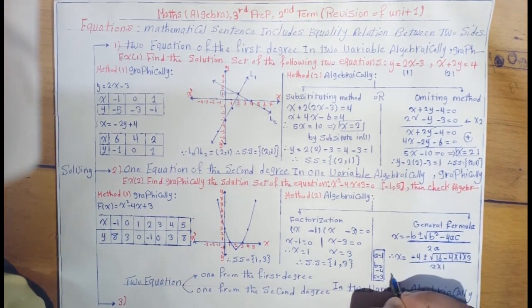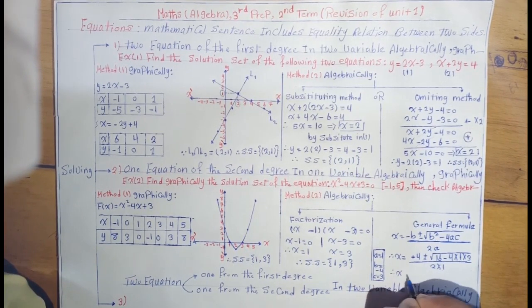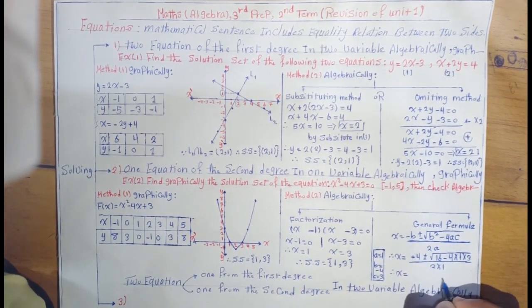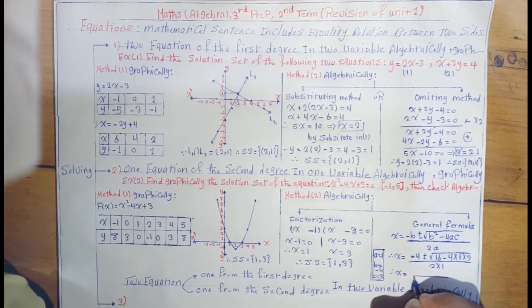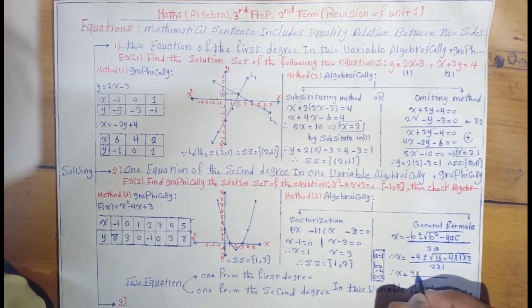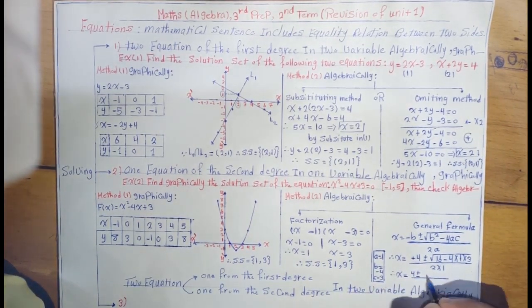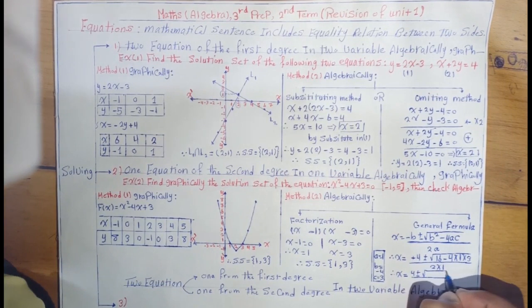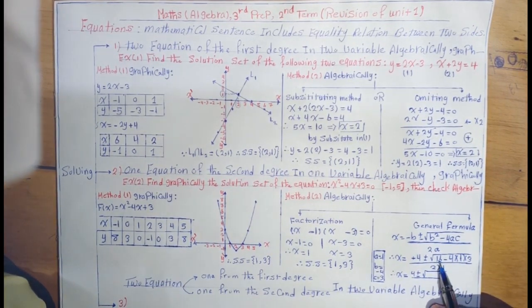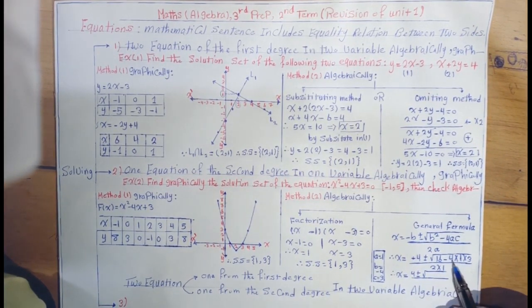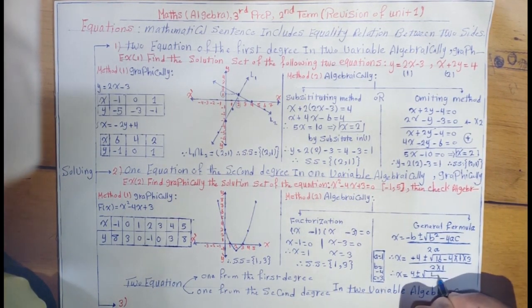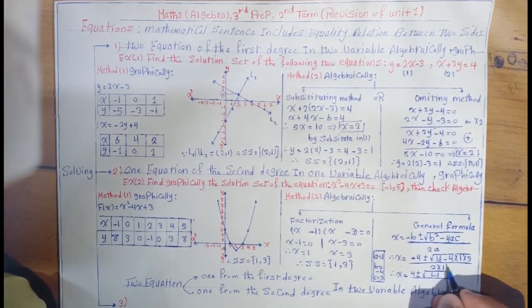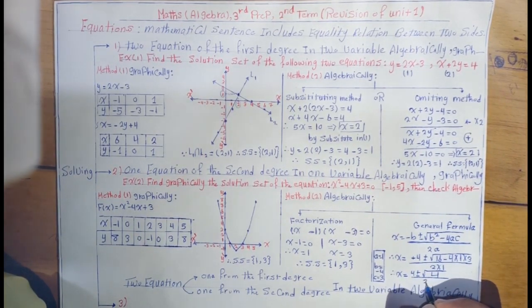Yes, then x equals 4 plus or minus the square root of 16 negative 4 times 3 equals 12, 16 negative 12 equals 4, over 2 times 1 equals 2.